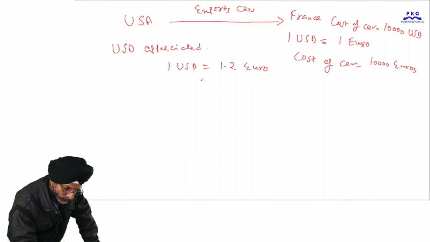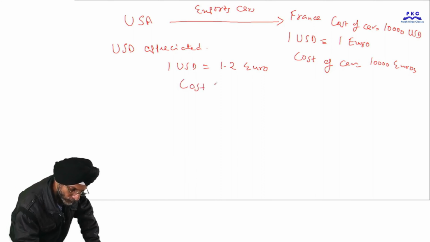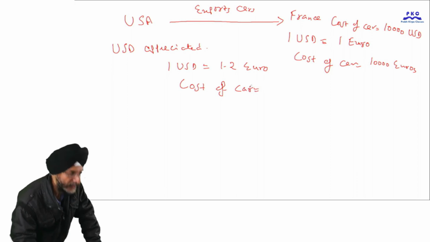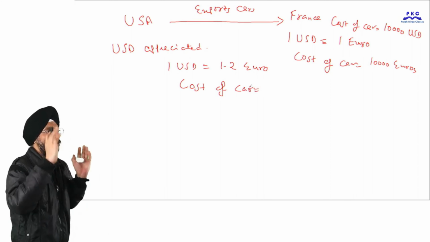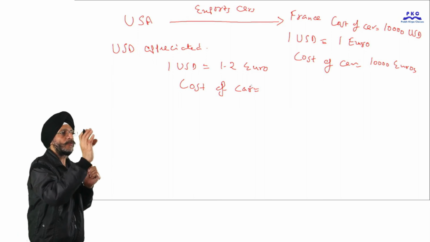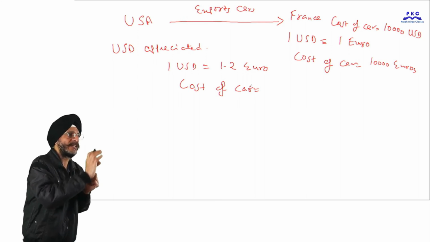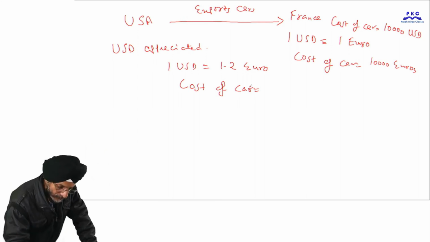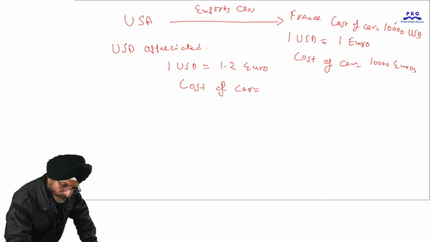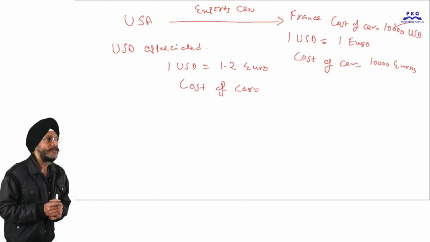Now, what is the cost of the car? After appreciation of the US dollar, what the residents of France will have to pay to purchase the said car? The cost of the car is the same, 10,000 US dollars.